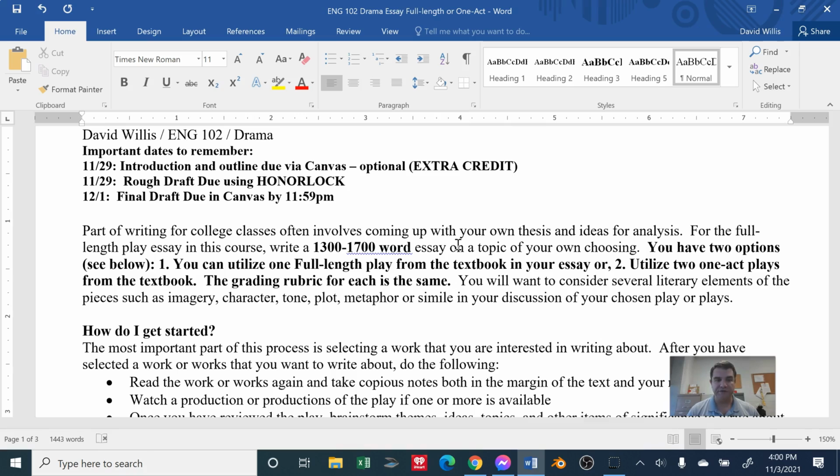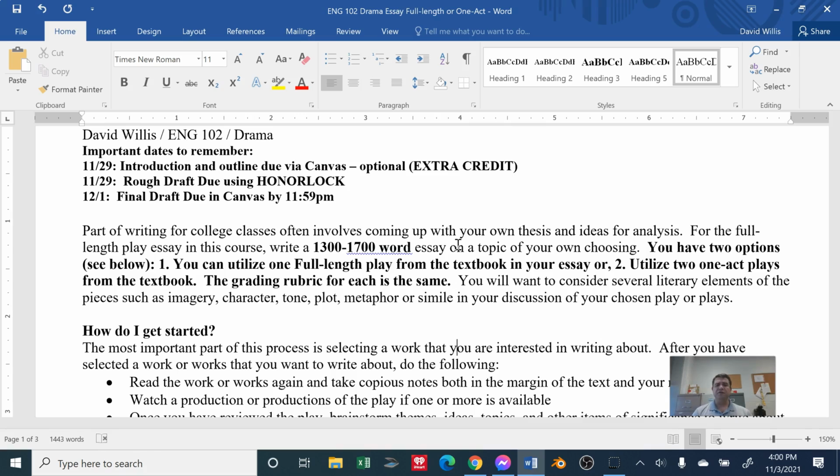You have two options. You can either utilize a full-length play from the textbook, or you can utilize two one-act plays from the textbook, with the exception being The Bear. You can use The Bear on this paper. But the grading rubric, regardless of which work you choose, is going to be the same.